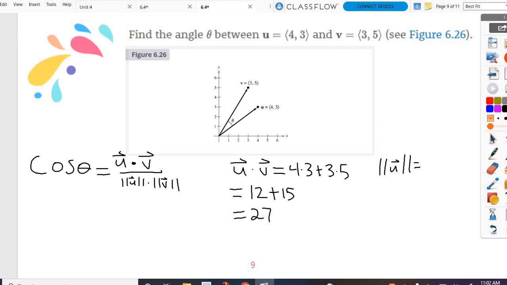Normally our distance formula is x2 minus x1 and y2 minus y1. But if it's given in component form, we've already taken care of that because our initial point is at 0. So we're just going to take our x component squared plus our y component squared, and take the square root.